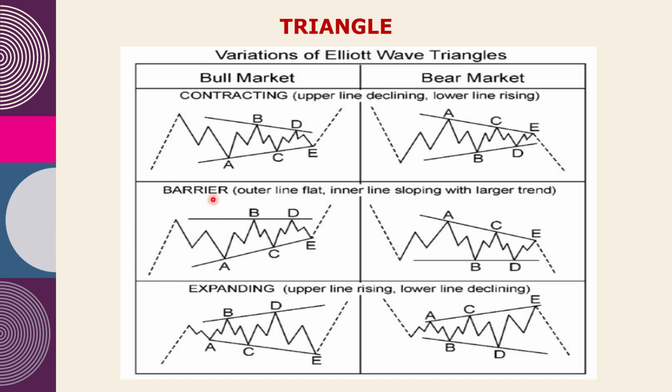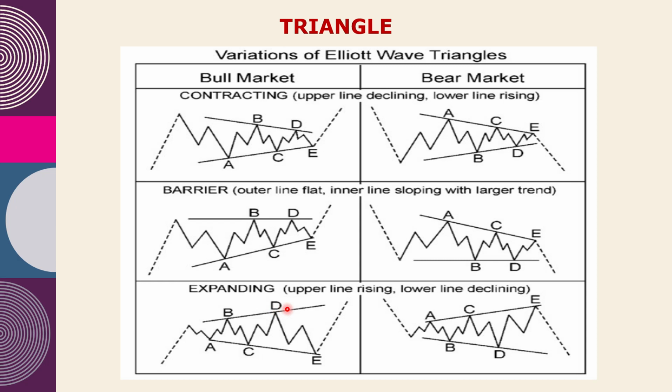In a barrier triangle, the BD trend line is horizontal and the AC trend line points in the direction of the main trend at the next higher degree. Same characteristics as a contracting triangle with the following exception: wave D ends at about the same level as wave B. In expanding triangles, the AC trend line and BD trend line diverge, not converge, diverge.